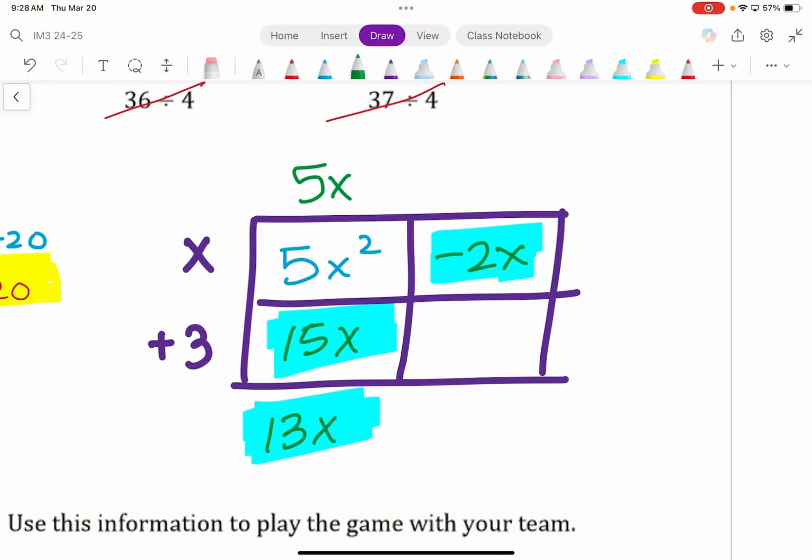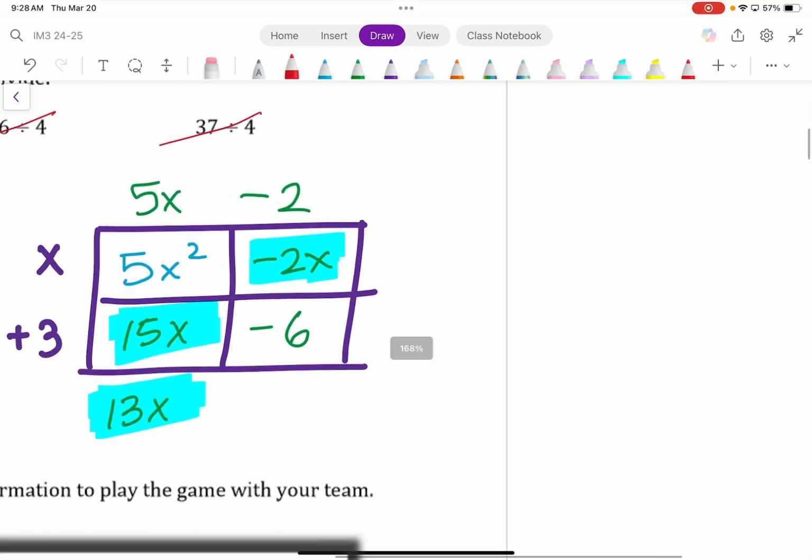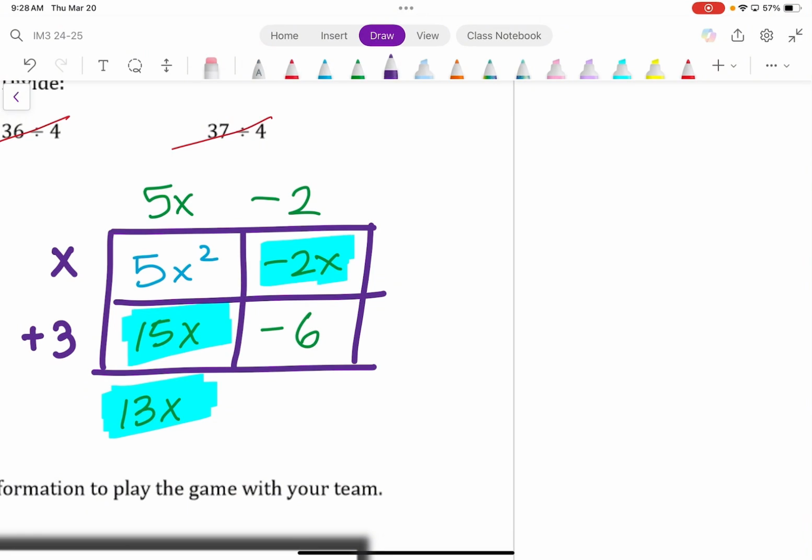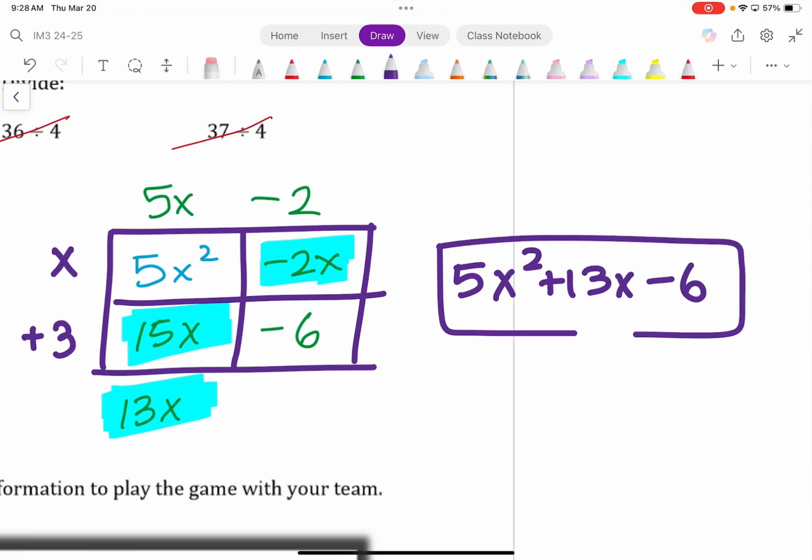But how do we get negative 2x? We multiply x and what? Negative 2. And then we get negative 2 times 3, which gives us negative 6. So this is what ends up happening. We have 5x squared plus 13x minus 6. So this is the polynomial that we get from that multiplication.